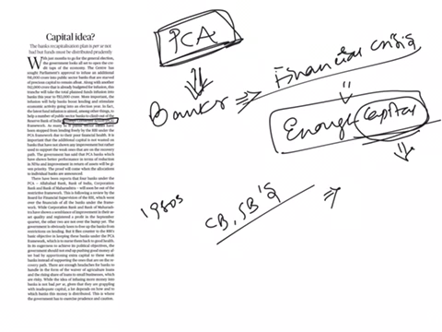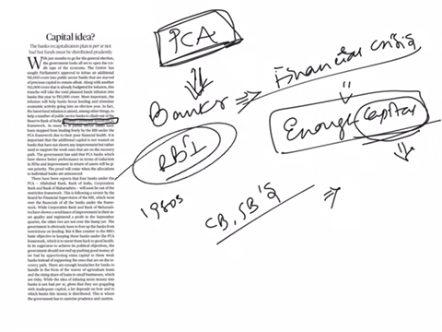To come out of that, in India RBI came up with the PCA idea, called prompt corrective action. So the ultimate role of this PCA is what?